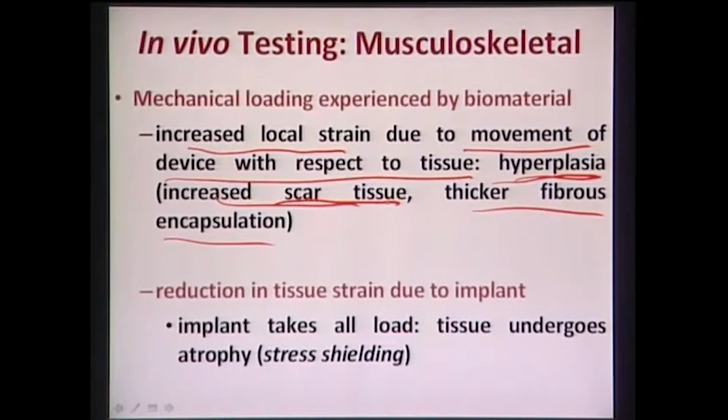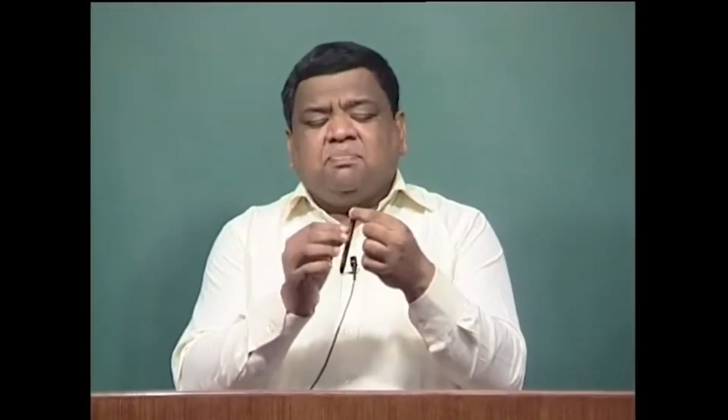Many times some scar will appear on the patient at the implanted area, or thicker fibrous encapsulation. Thicker fibrous encapsulation means that around the implant, fibrous tissue will form, and this fibrous tissue will encapsulate the implant from the surrounding natural environment or surrounding bone environment.